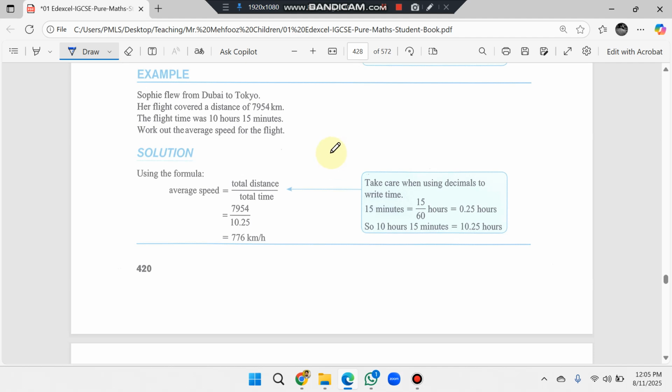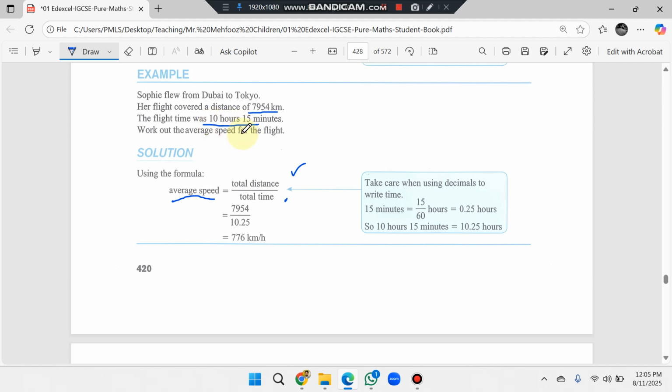So in this case, first of all, we have to write the formula of the average speed, that is total distance over total time. So in this we have the main information, that is distance and time. So we just put the values, and you can see that distance we put in kilometers and the time is in hours and minutes.